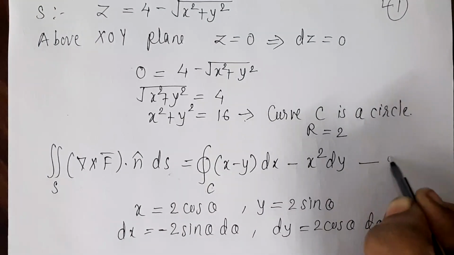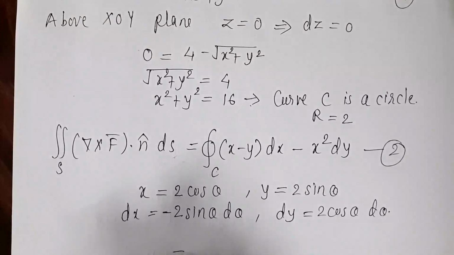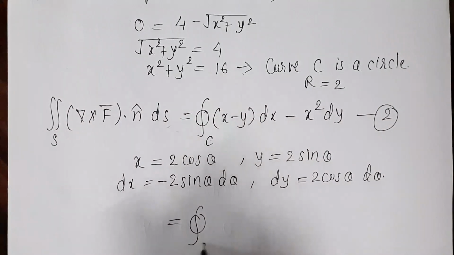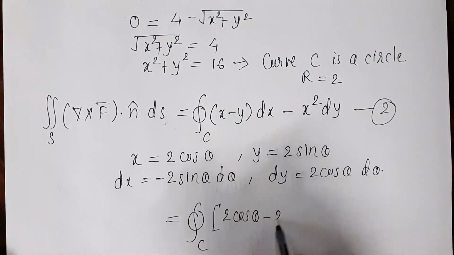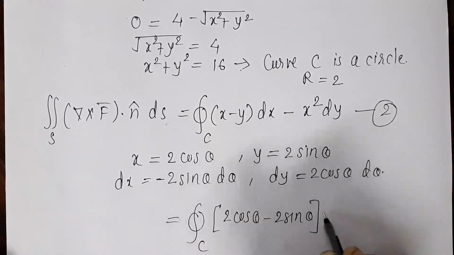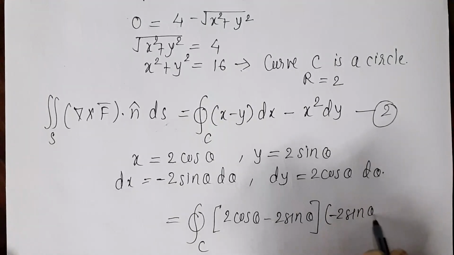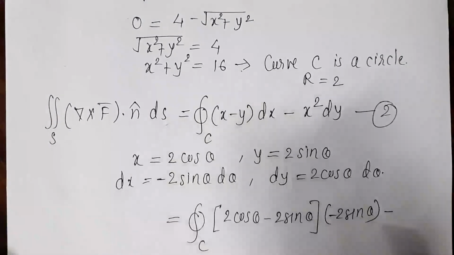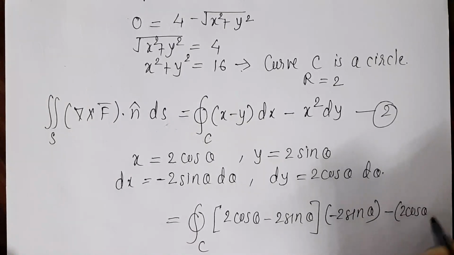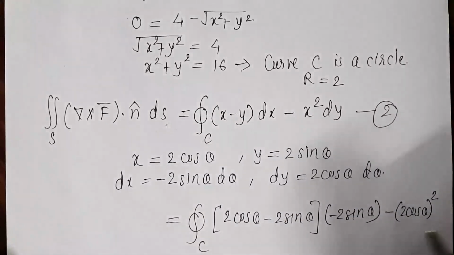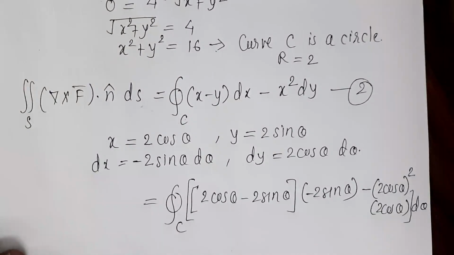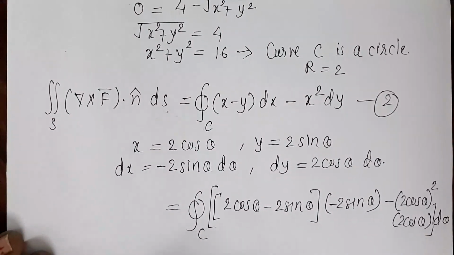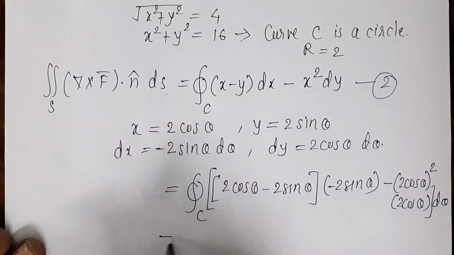Substituting this in equation number 2, it is equal to the integral over C of x minus y. So it is 2 cos theta minus 2 sin theta multiplied by dx, that is minus 2 sin theta, minus x square. x square is (2 cos theta) whole square multiplied by dy, which is 2 cos theta d theta. So it is equal to the integral.